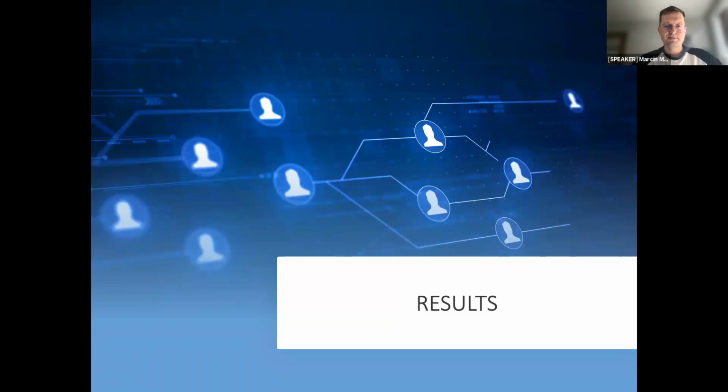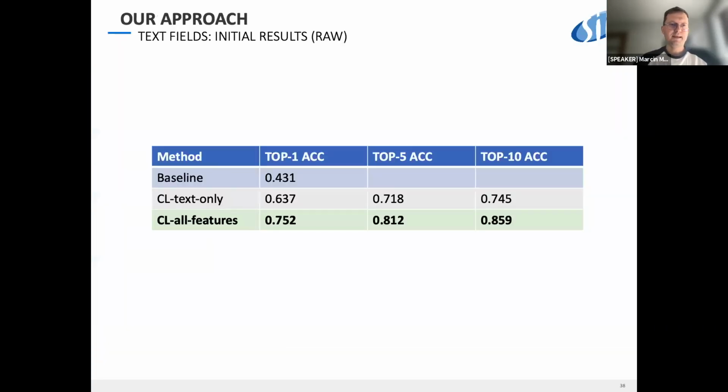What are the results? Okay, so at first we determined that the candidates produced by the previous rule-based heuristic were selected by the data stewards only in 43% of the cases, and the rest of duplicates was identified fully manually.